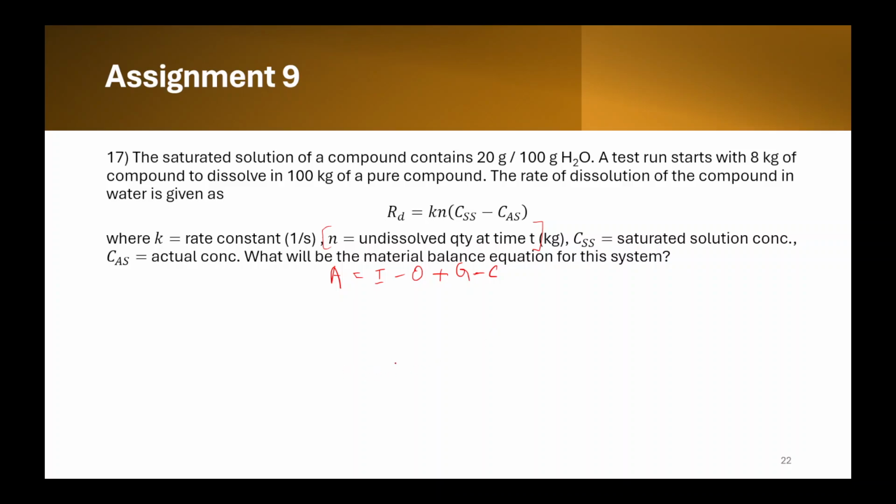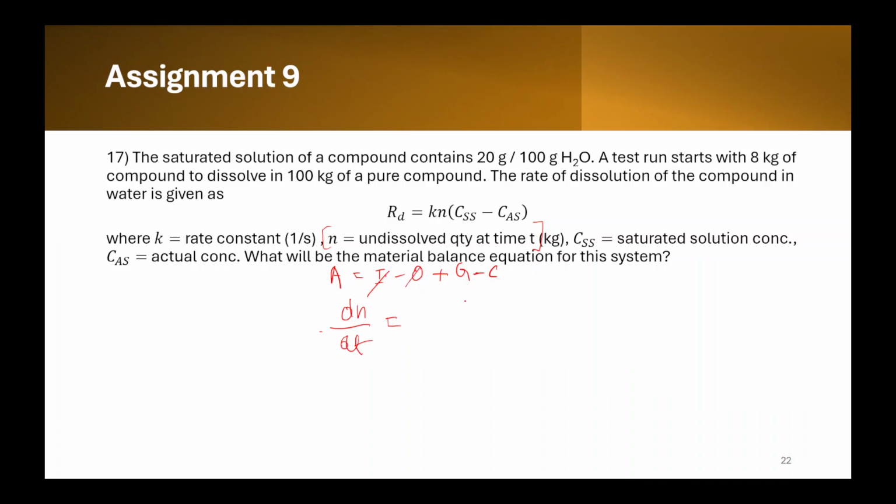So we write the material balance in terms of n only. So whatever the change in n will be, dn by dt, is anything coming in or going out? No. So these terms are neglected.